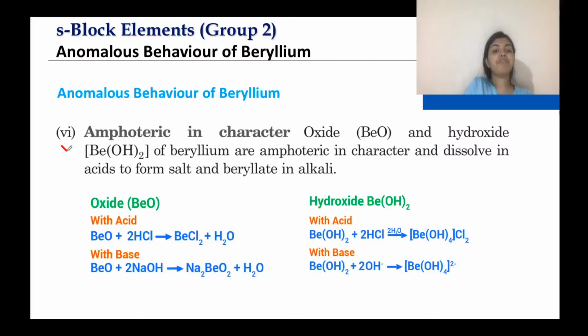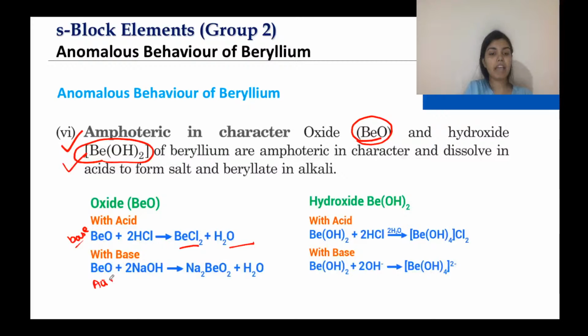Now next is the amphoteric character of beryllium oxide and hydroxide. This is very much important. So oxide, if you treat with acid, it will behave as a base and will form salt plus water. Again with base, if you treat, this will behave as an acid and will form Na2BeO2 plus water, right?